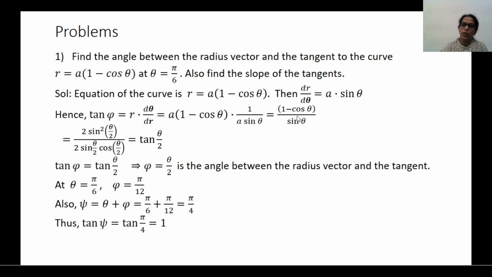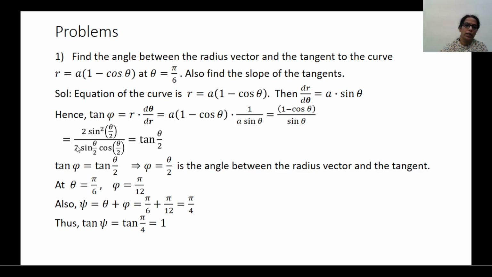But what is 1 minus cos theta, by the half-angle formula? It's 2 sin square theta by 2. Then what is sin theta? What is sin 2 theta? It is 2 sin theta into cos theta. In the same manner, sin theta is nothing but 2 sin theta by 2 into cos theta by 2.